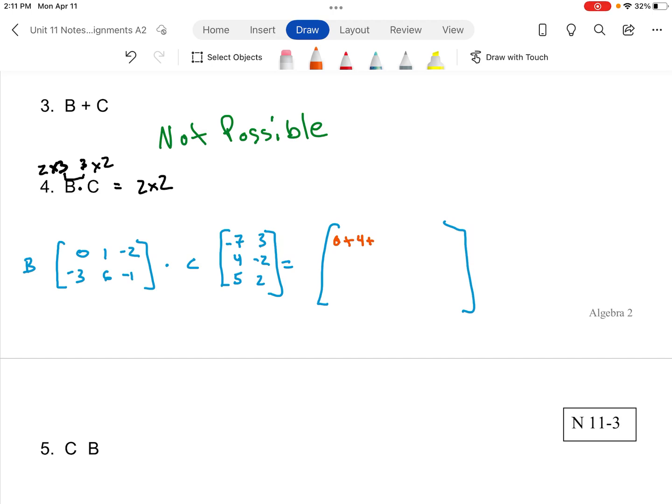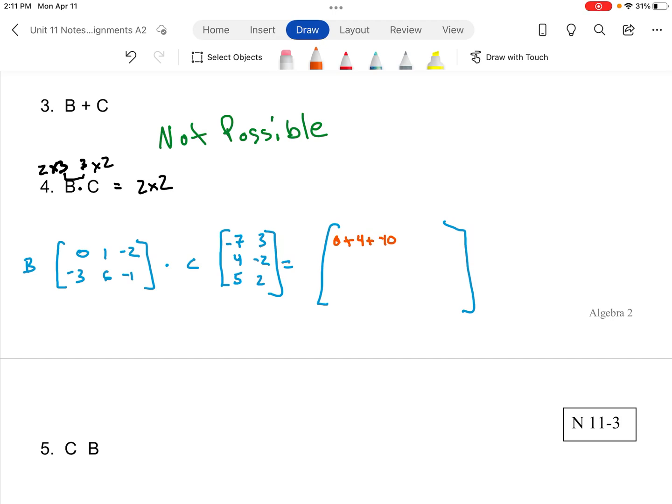Okay, and that's how I get that first element, row, column. First row, first column: 0 times -7, 1 times 4, -2 times 5.